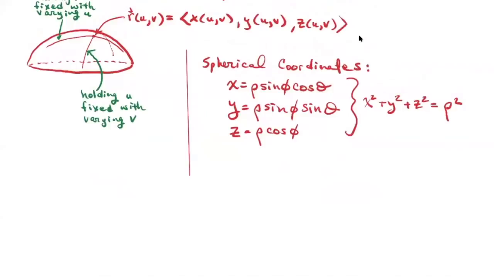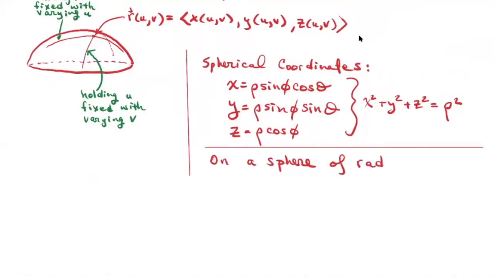On a sphere, rho is a constant. Let's say a sphere of radius a, rho is constant.